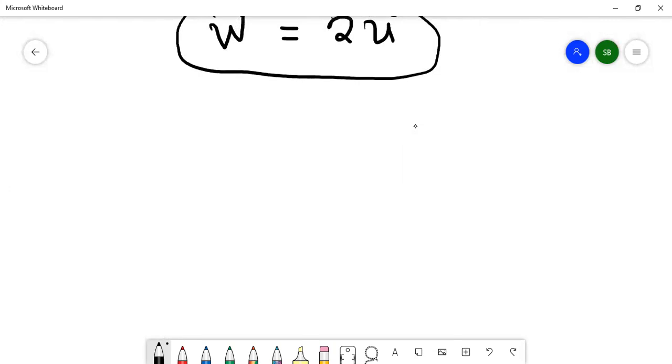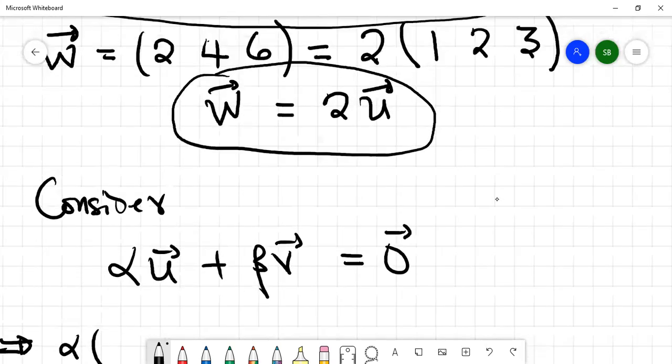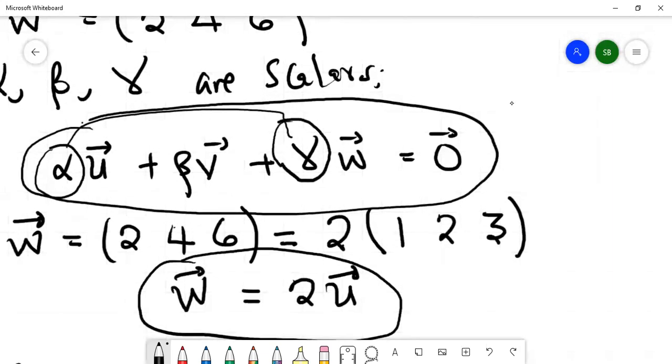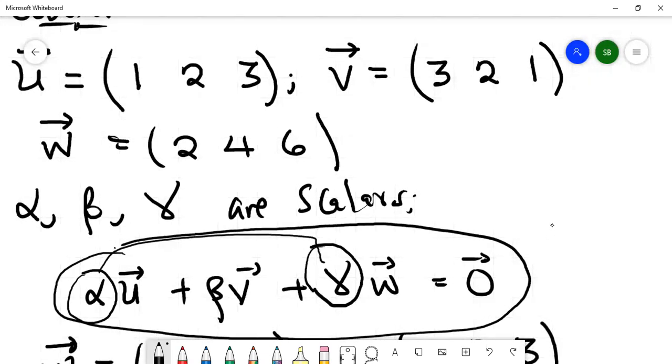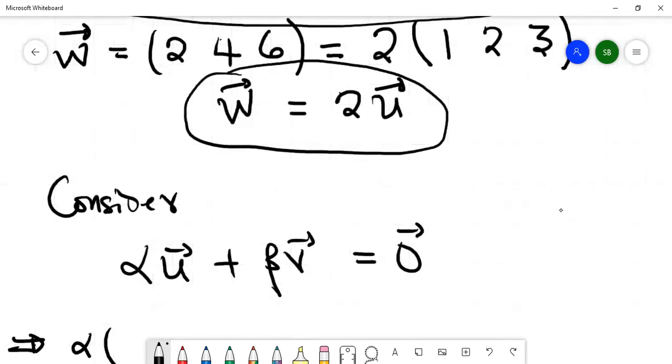So we consider the case in which we have alpha U plus beta V equal to 0. So this will imply alpha U from the above question. U has entries 1, 2, 3, and V has entries 3, 2, 1. So let's have them here.